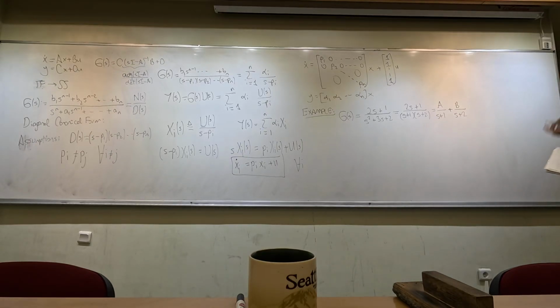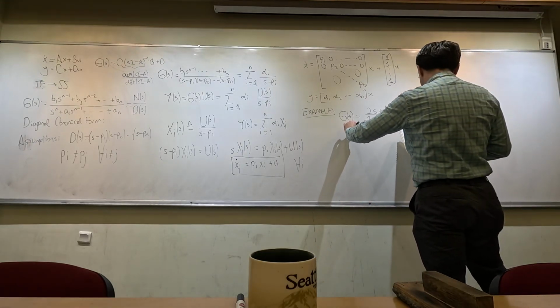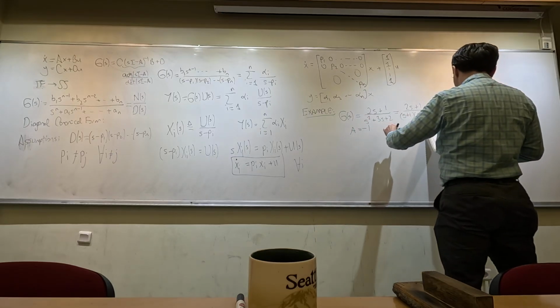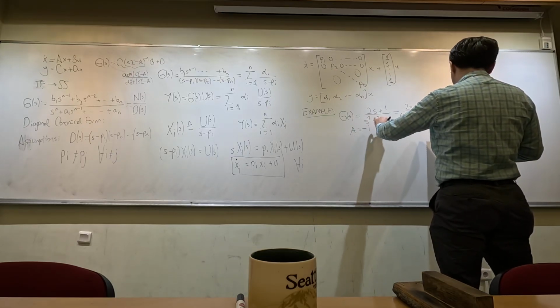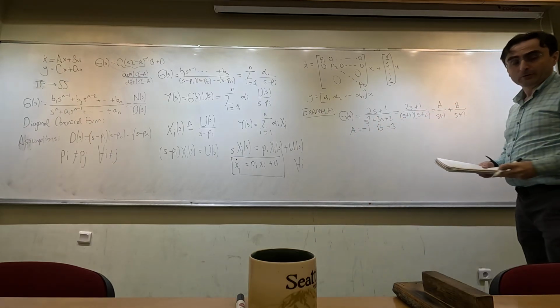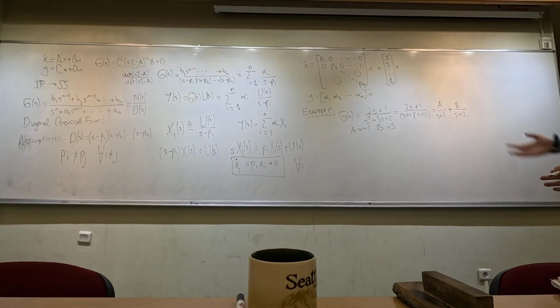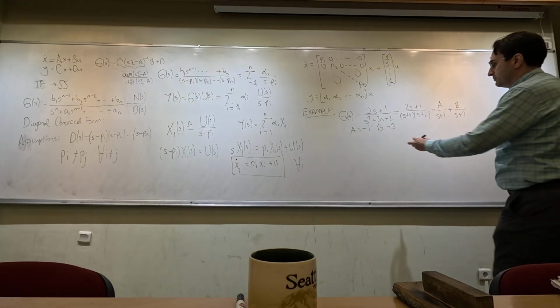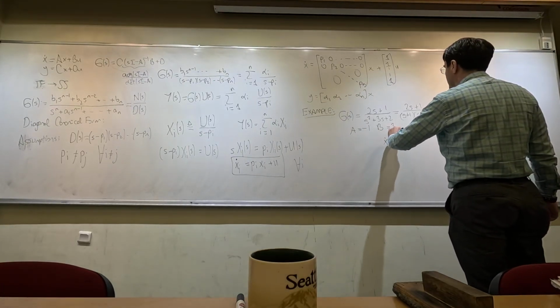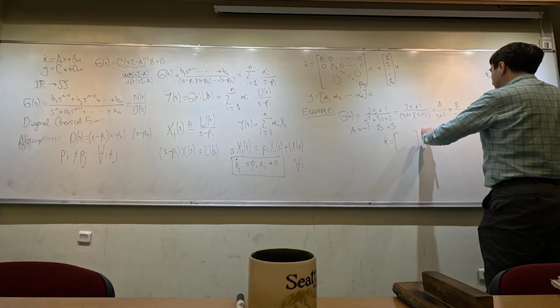And we know that you can find this A and B yourself, but the result is going to be A is equal to minus 1 and B is equal to 3. Okay? And based on this partial fraction expansion, I can immediately define the diagonal canonical form state space representation.